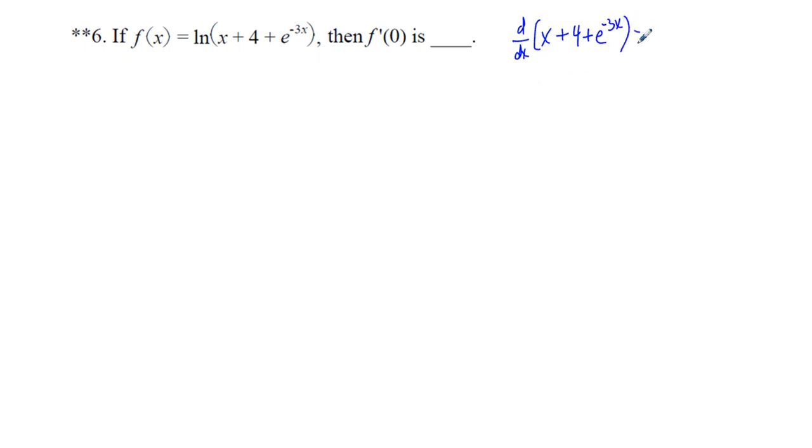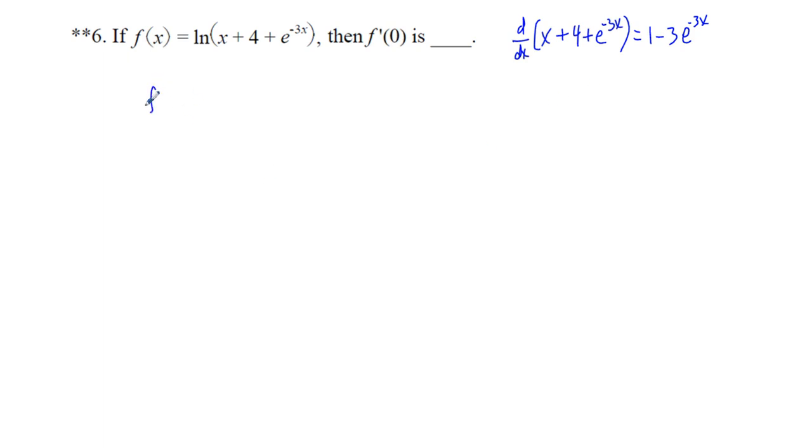And the derivative of x is 1, and the derivative of 4 is 0, and the derivative of e to the negative 3x power is going to be minus 3e to the negative 3x. So that's going to be our derivative.